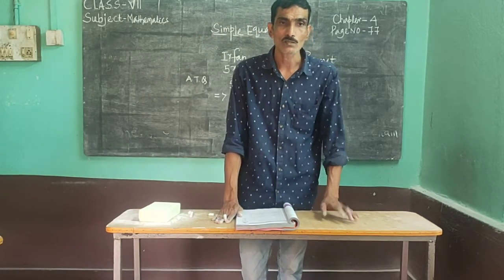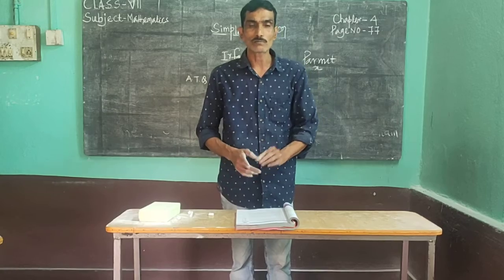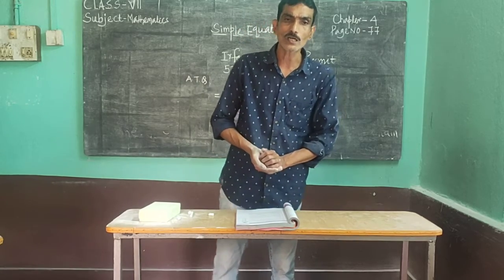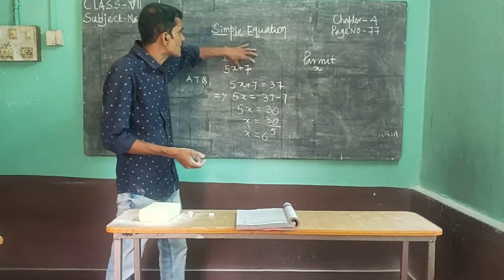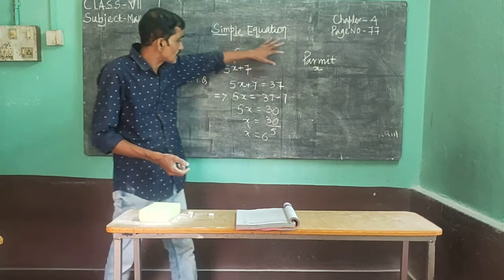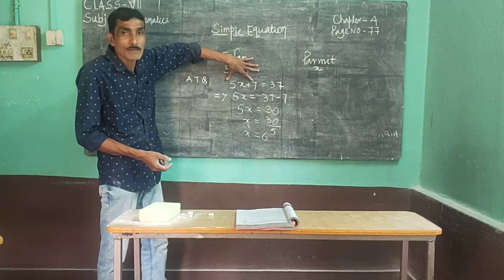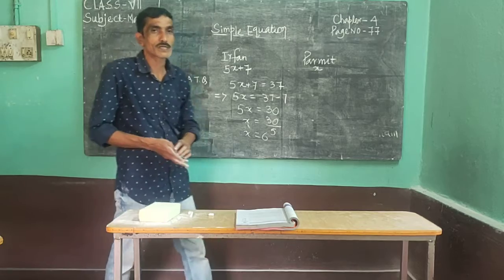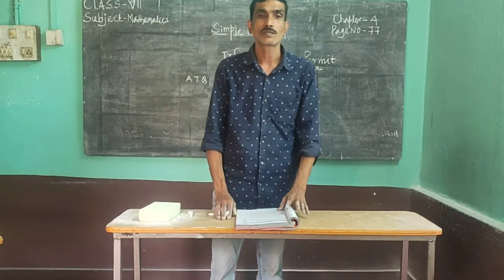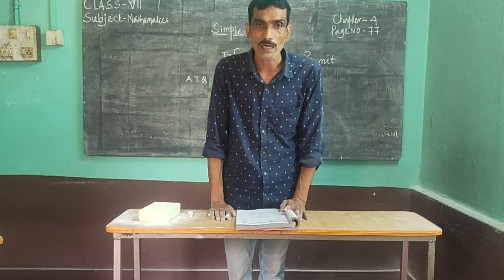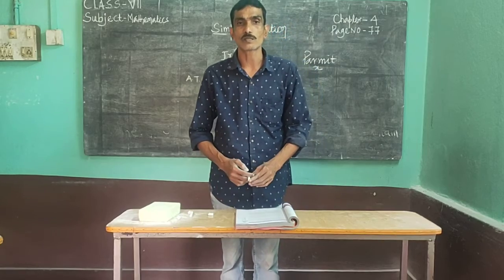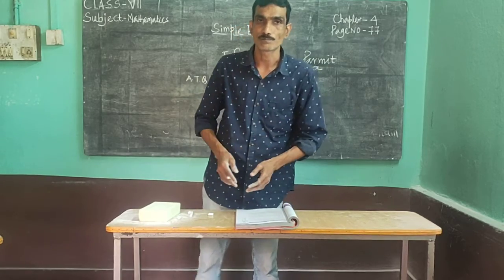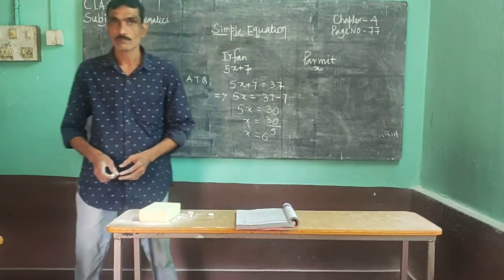Like this, the word problem will be given. You have to read it thoroughly, then convert into the algebraic expression by taking the variable, then an algebraic equation will form, then solve by the method of transposition. I hope you understood this concept and it will be helpful for your further studies. Thank you.